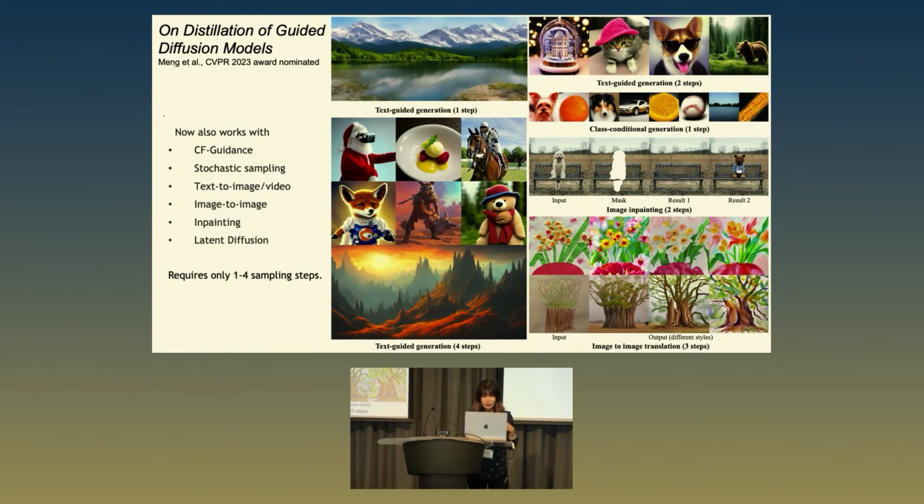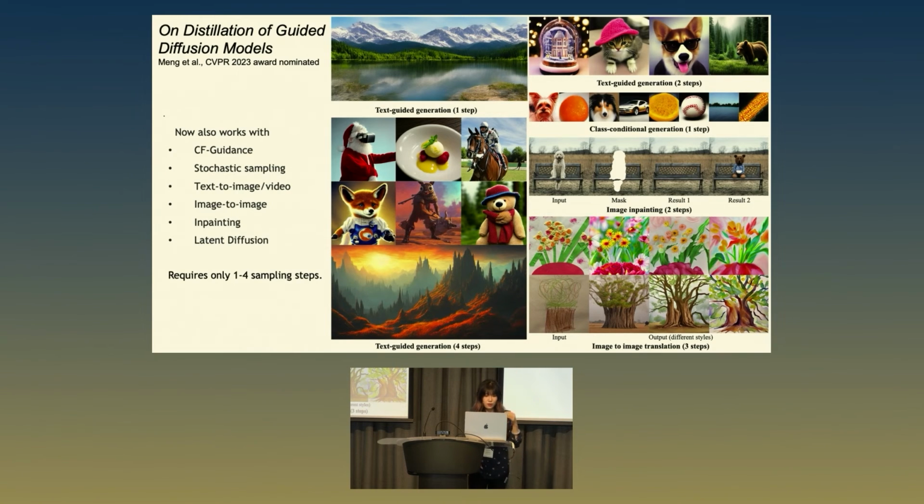So it not only works with the DDIM sampler, it can also work with the DDPM sampler or more advanced higher-order samplers. And we apply it to different large-scale diffusion models, including text-to-image, text-to-video models, as well as some models solving inverse problems. And we also apply it to latent diffusion models, or more specifically, Stable Diffusion.